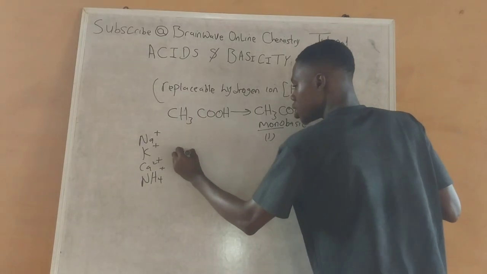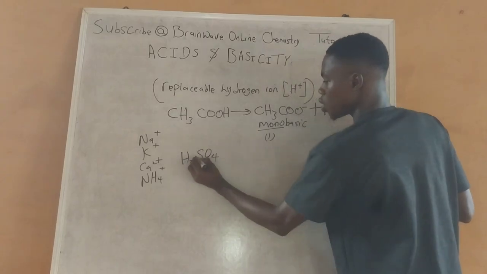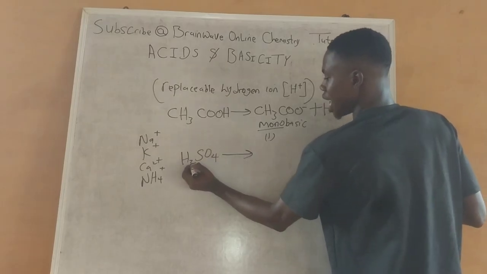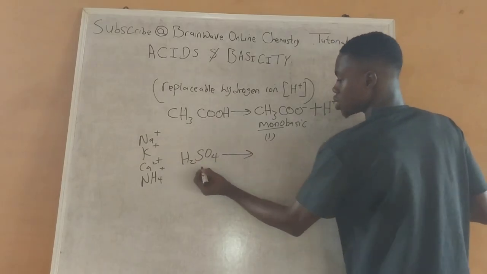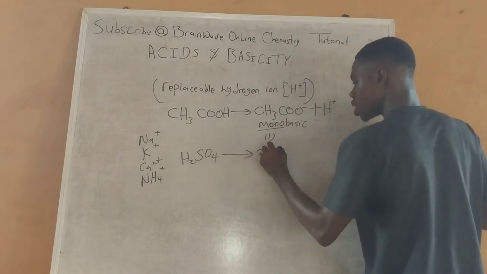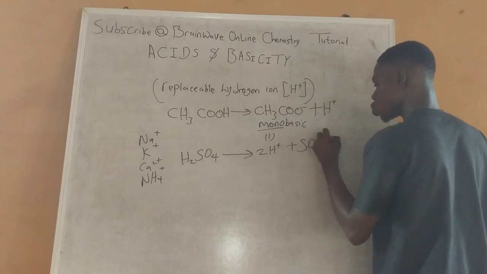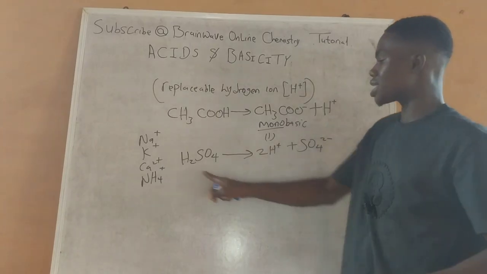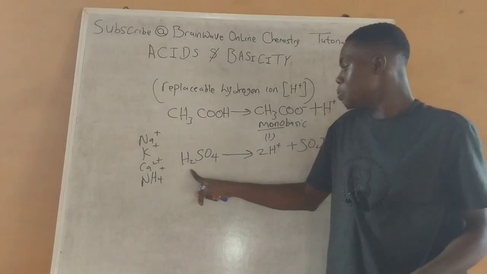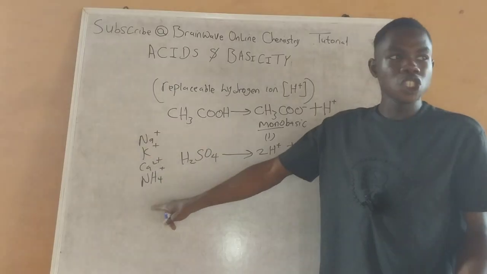Now, let's take another example, H2SO4, which is tetraoxosulfate(VI) acid. If you look at this acid very well, it has 2 hydrogen ions, and it is these 2 hydrogen ions that can be replaced. If you break it down, you have 2 H+ and SO4 2-. The 2 hydrogen ions can be replaced by metallic ions, like I said before, or ammonium ions.